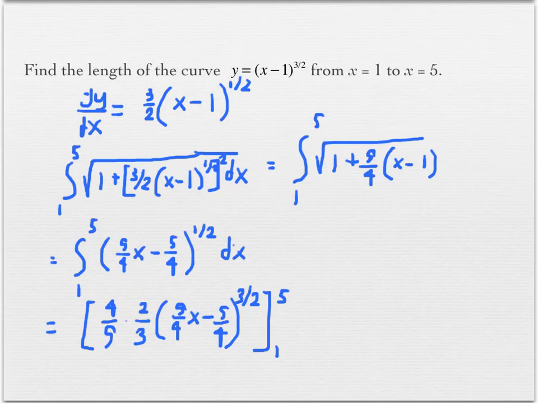Alright, anyway, either evaluating this analytically or in your calculator, and I'll show you on the calculator what it would look like in a second, I think this should end up being about 9.07. Whatever the units are, sometimes the problem will give you that, oftentimes not. But again, kind of cool because that's the length of that curve, not the area underneath or the volume formed by making a revolution of some sort. That's the actual length of that curve.